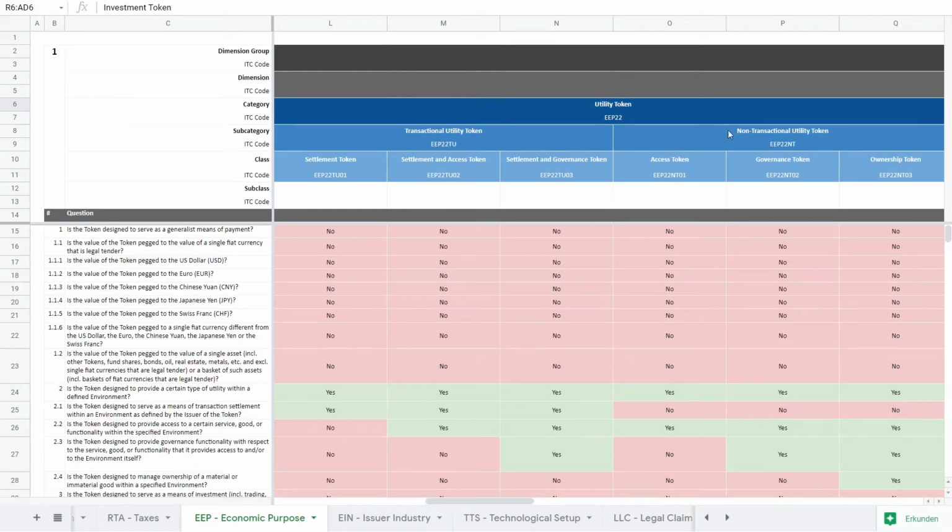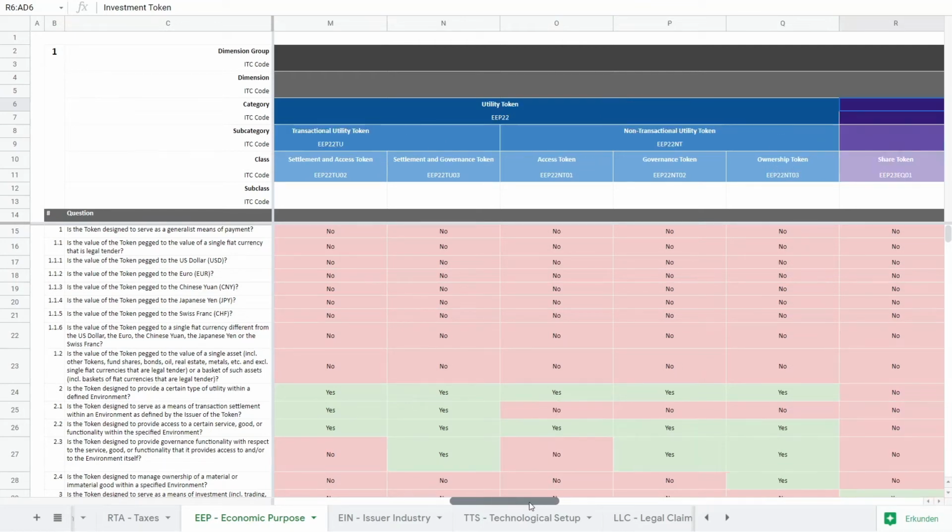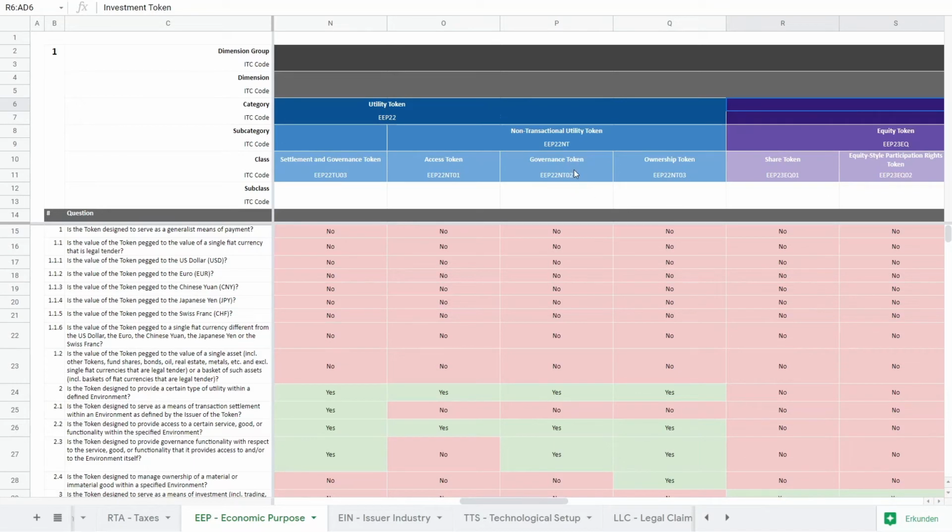Second, we have the non-transactional utility tokens. I think here most interesting are certainly the governance tokens, of which the Yearn Finance token is a very nice example, but there's certainly a lot of governance tokens, especially in the DeFi space. And these tokens are mainly used for what we call exogenous governance.